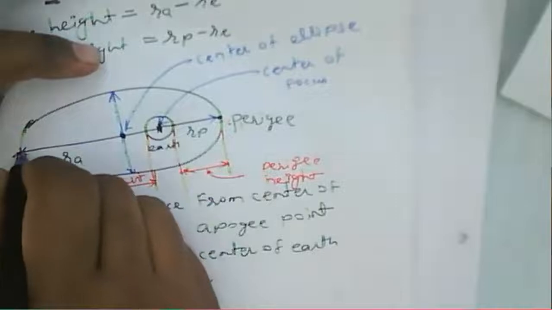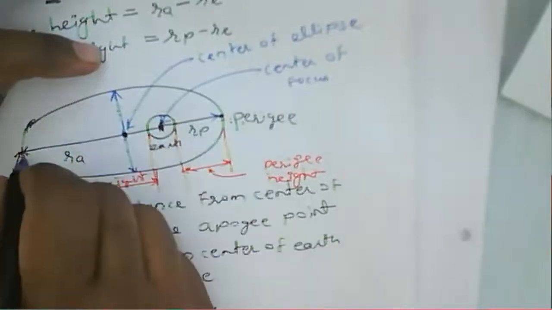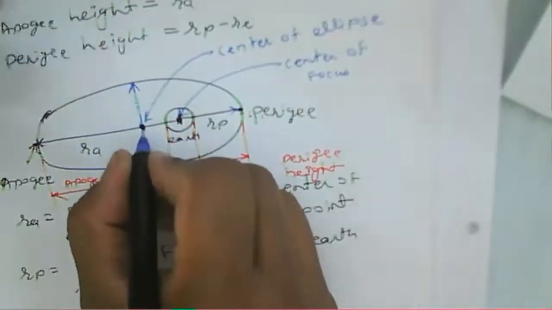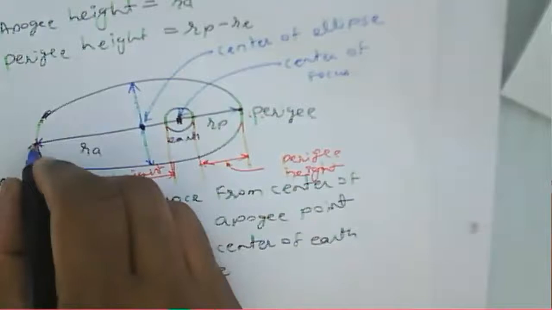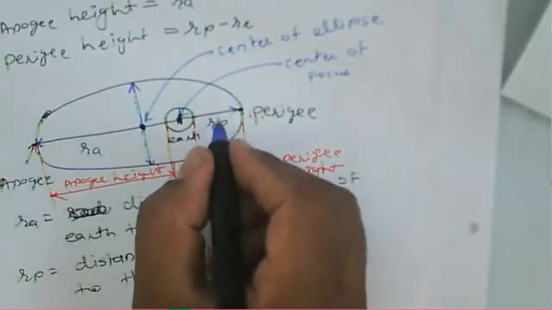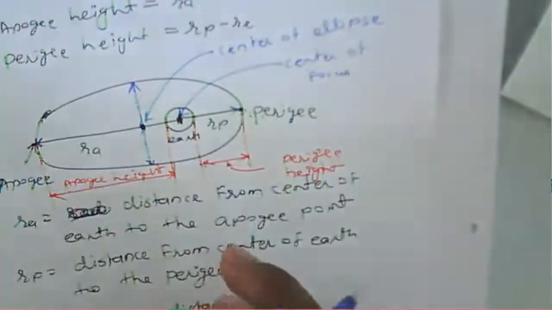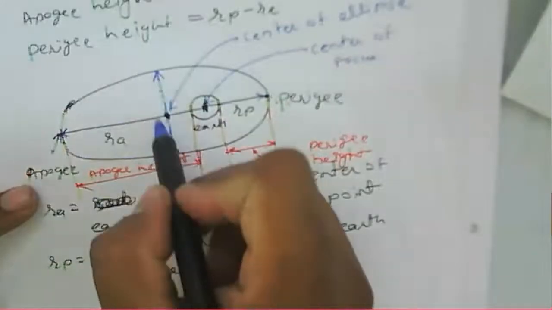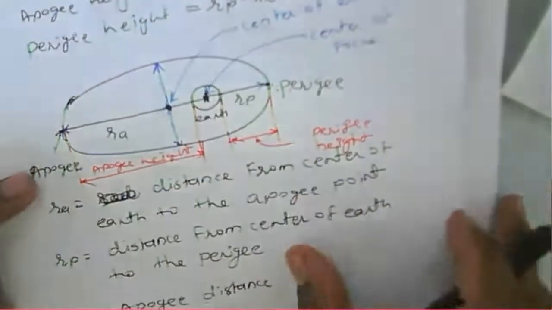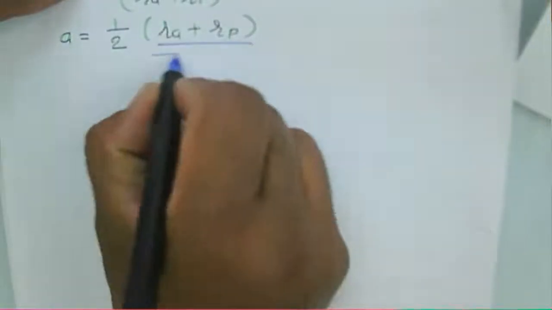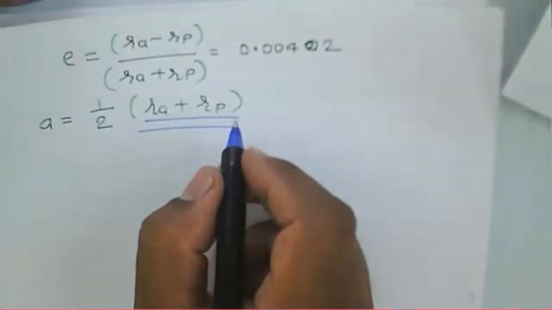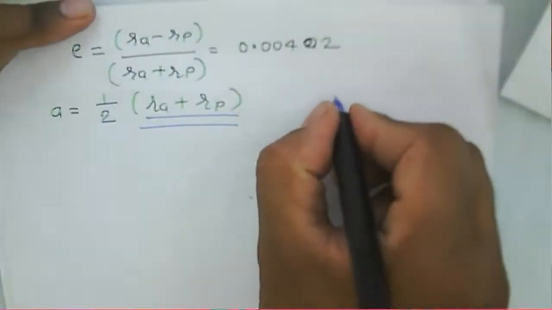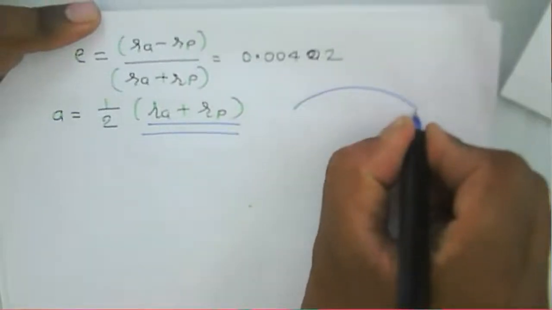So the semi-major axis is nothing but what? This distance, from the center of the ellipse to the apogee point, or from the center of the ellipse to the perigee point. It means half, semi-major. That's why RA plus RP divided by 2 is this particular distance.